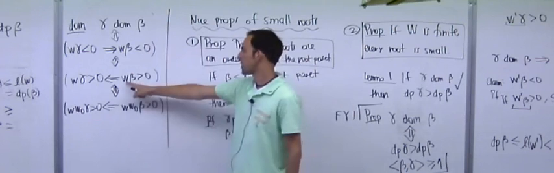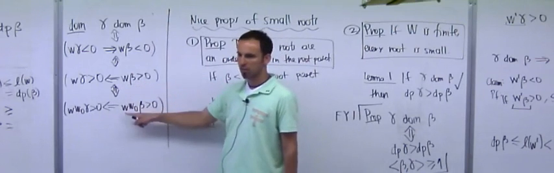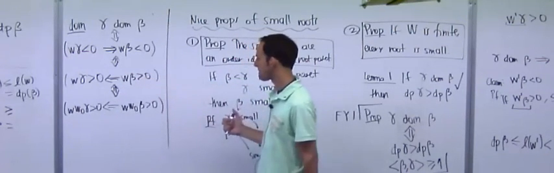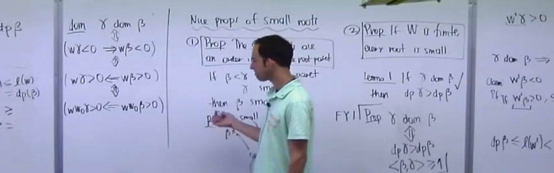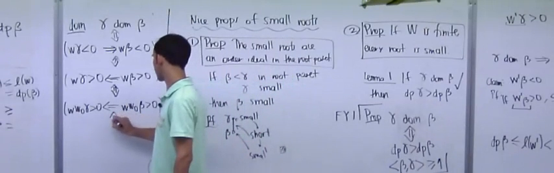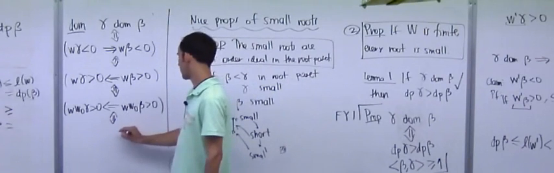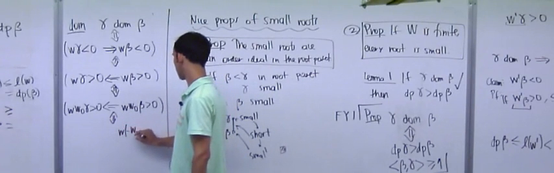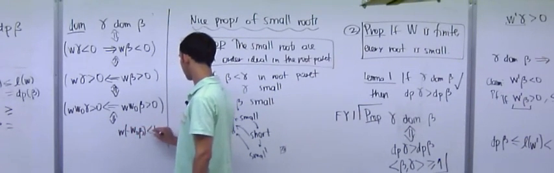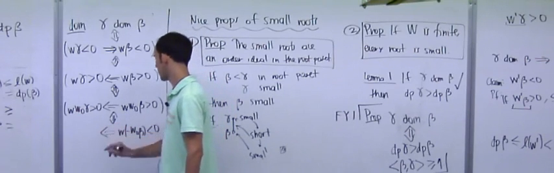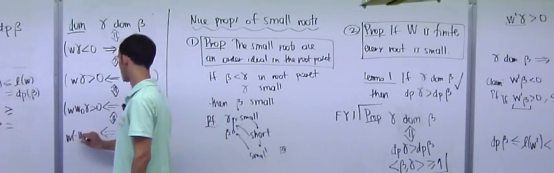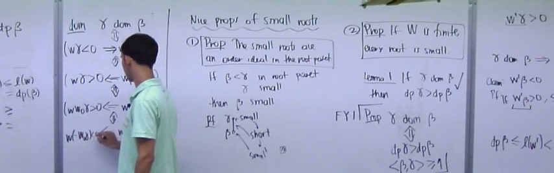It's true for every group element, so it's true for this guy, and I can do the reverse thing as well. Okay. And now let me just switch the sign of this thing by saying that W of minus W naught beta is negative, implies that W times minus W naught of gamma is negative.